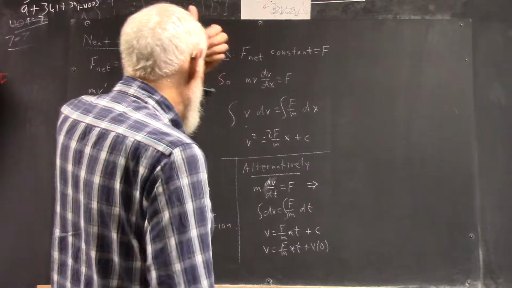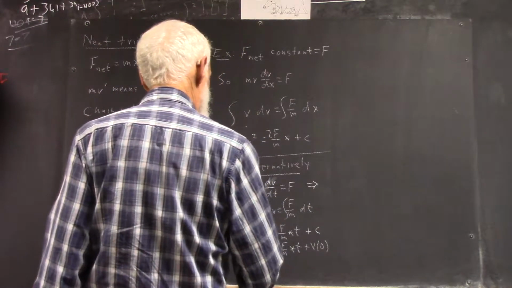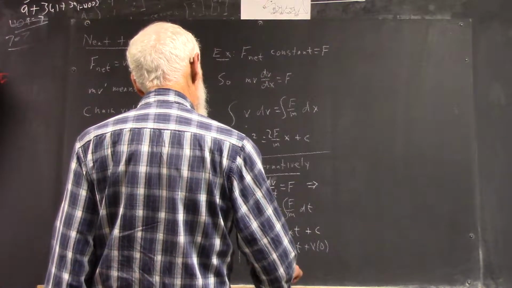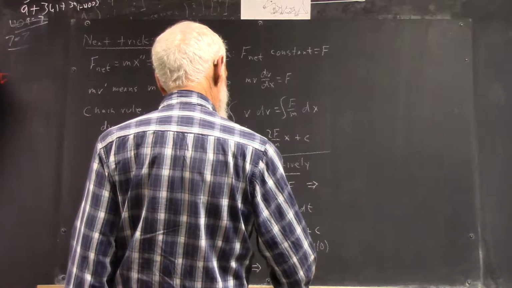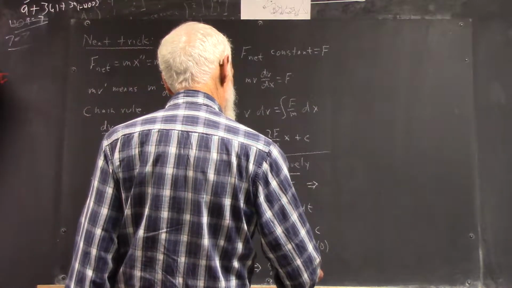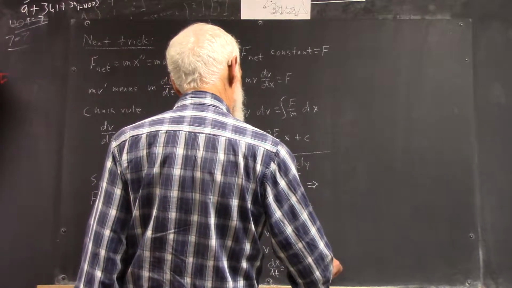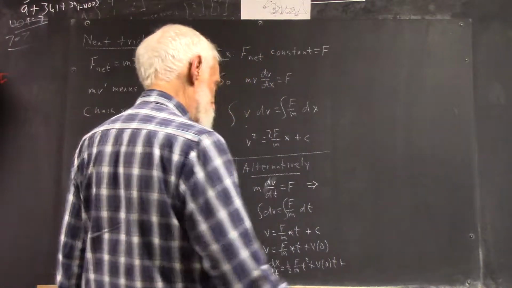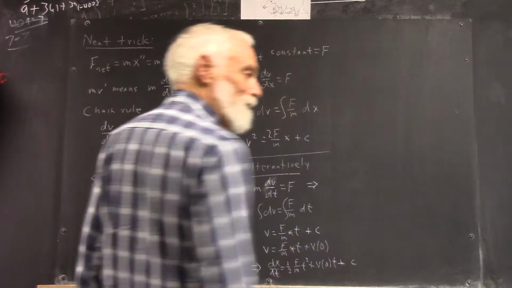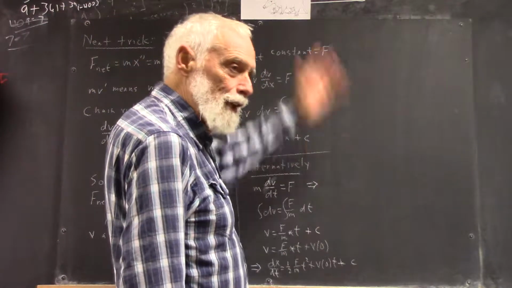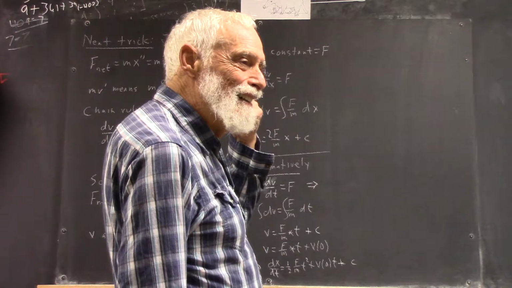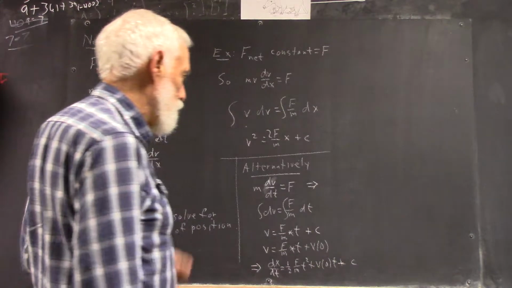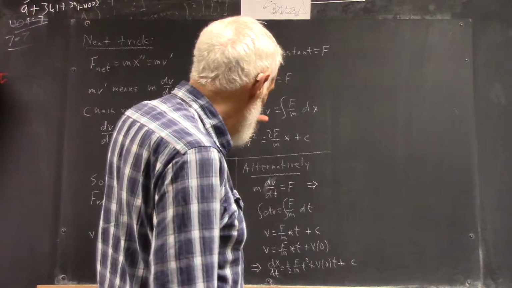Now, if v equals this, that implies that dx/dt equals 1/2 f over m t squared plus v of 0 t plus another constant, which I'll still call c, because I've evaluated this c, it's not there anymore. Just because I don't want to go through the whole alphabet for constants, and c kind of denotes constant.